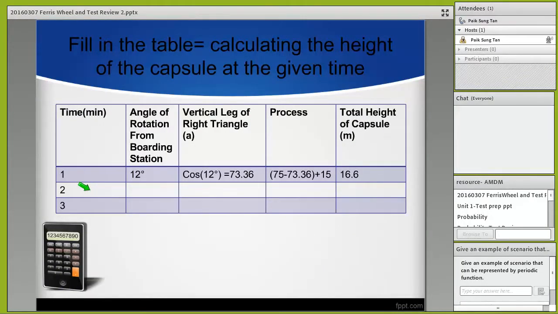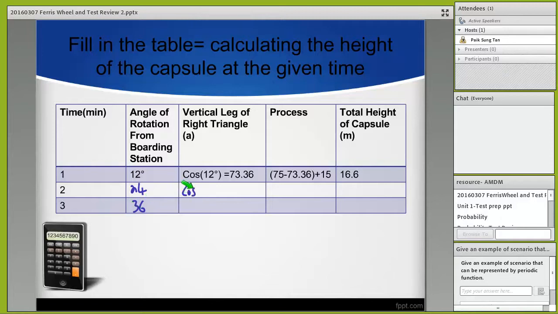Now, to fill out the rest of the numbers, you know the first minute is 12 degrees, the second minute will be 24 degrees, which is 2 times 12. The third minute will be 36 degrees. You just keep multiplying by 12 until you get to 360 degrees, which means you came back down to the ground.